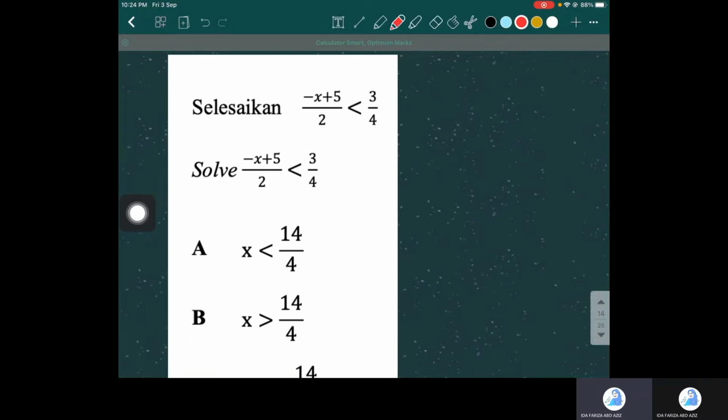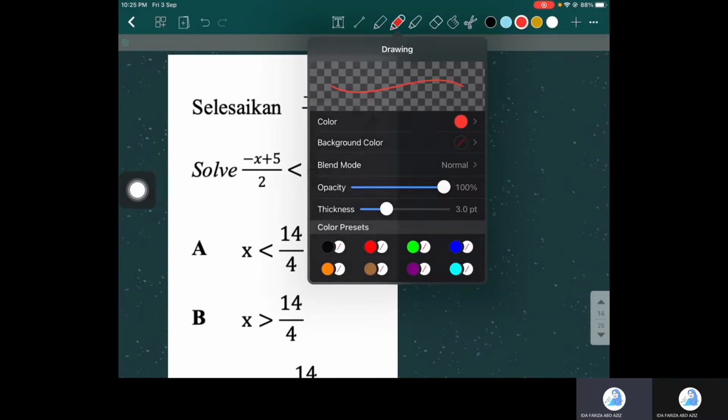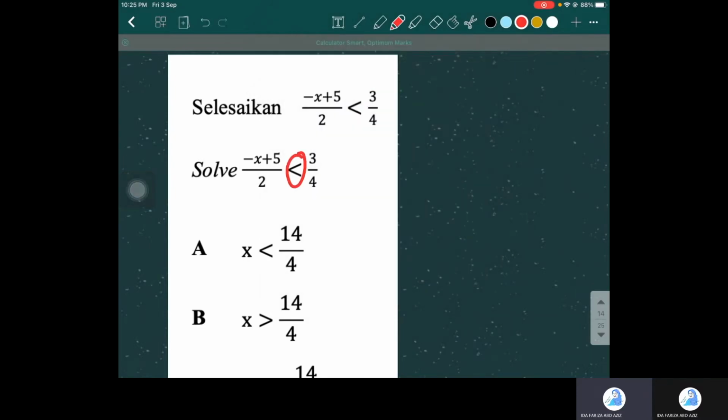So, you terus akan dapat nilai the value of x without you are going to have any careless. Okay, so what you need to do, we are going to insert exactly this question into our calculator. Is just symbol less than ni kita akan tukar pada equal sign.